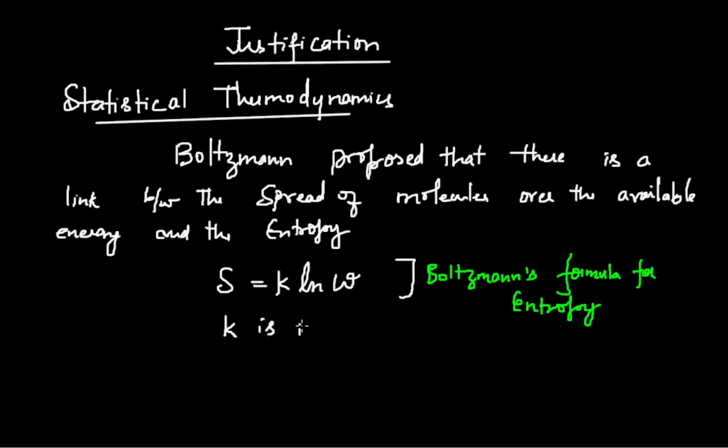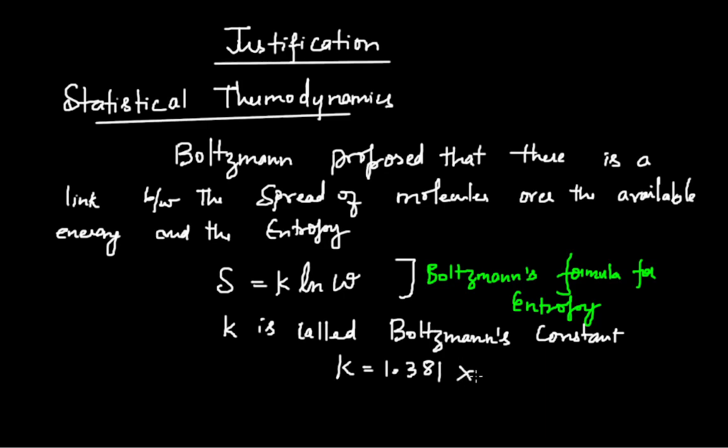K is called Boltzmann's constant, and its value is 1.381 times 10 to the power minus 23 joules per Kelvin.